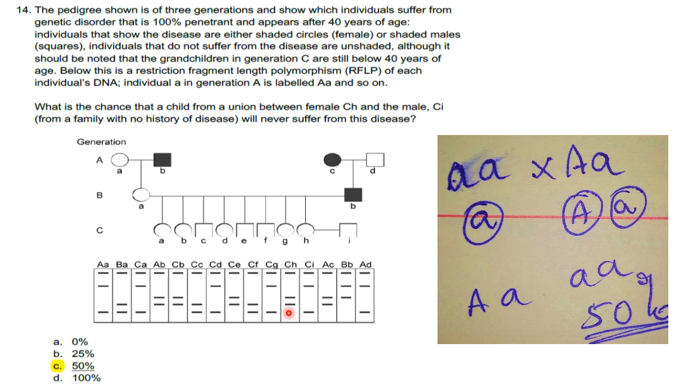RFLP pattern is not the same as that of the affected individual in case of CI, but in CH it is the same as that of the affected individual. That is AB, AC and CH are the same. So I told you it is an autosomal recessive disease. So the genotype of CH will be small a small a and the genotype of CI will be capital A small a.